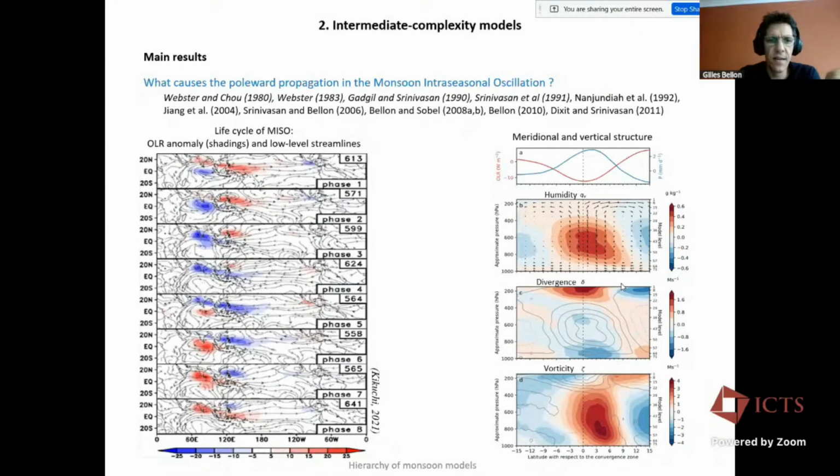So this is built on extended EOFs of OLR. That's Kikuchi's method. And so if you just pick the first two EOFs, then you don't have the quasi-biweekly mode represented.